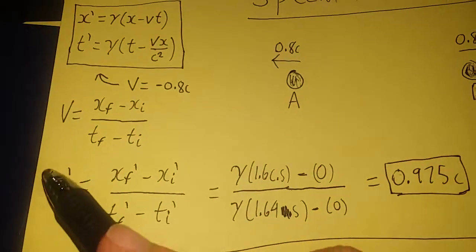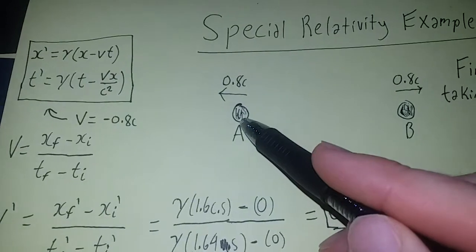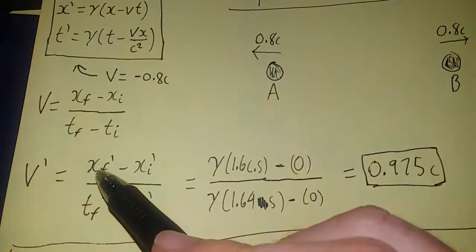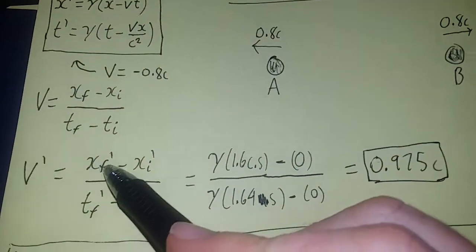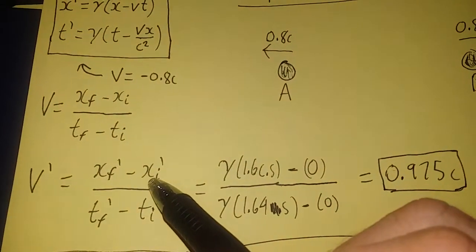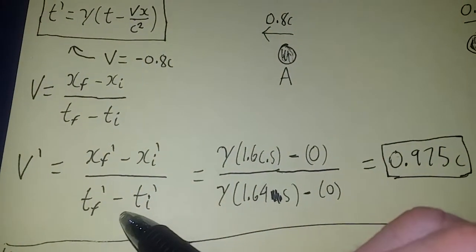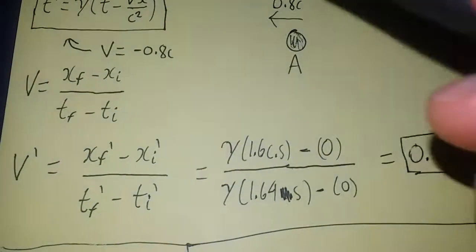But to find v prime, which is our new velocity with our new reference frame with A as stationary, we have to do x prime f minus x initial prime divided by t prime f minus ti prime.